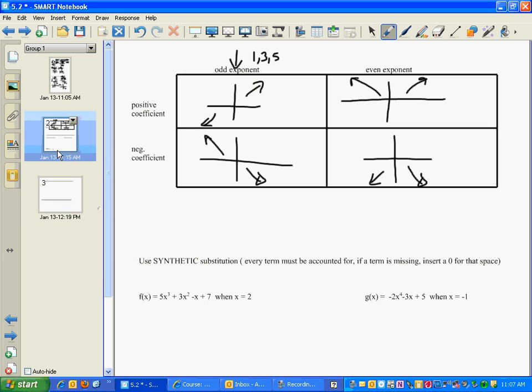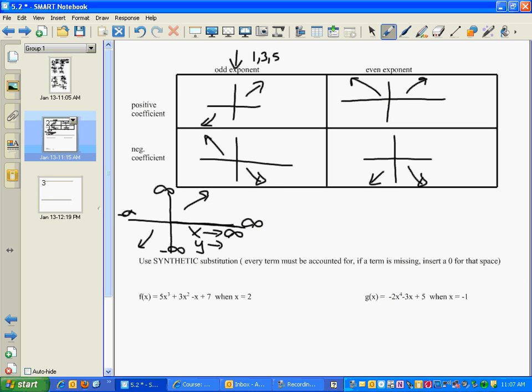Okay. So let me ask you something. Would you agree that this is positive infinity? And this is? And on the y-axis, this is? And this is? Okay. So if my tails are here and here, as x goes to positive infinity, so as I go right, where does my y go?